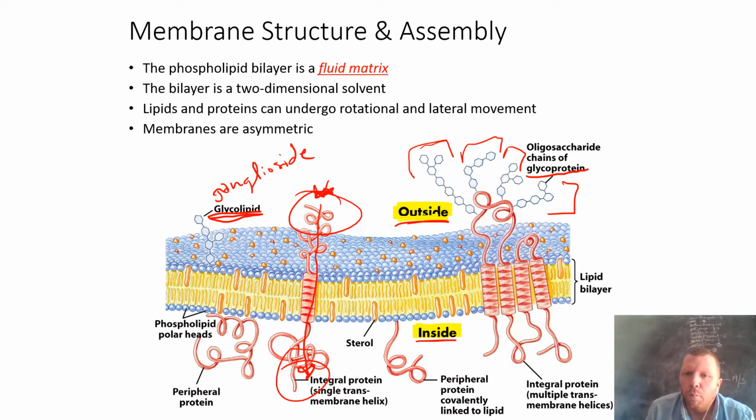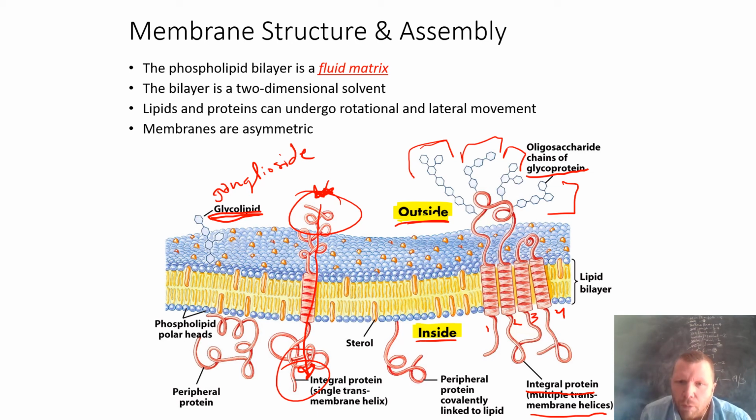But let's go back to looking at our polypeptide chain. This is an integral protein with multiple transmembrane helices. This has 1, 2, 3, 4 transmembrane helices. So this is a protein that spans the membrane. It is one polypeptide chain, but there are a total of 4 helices that span that membrane.